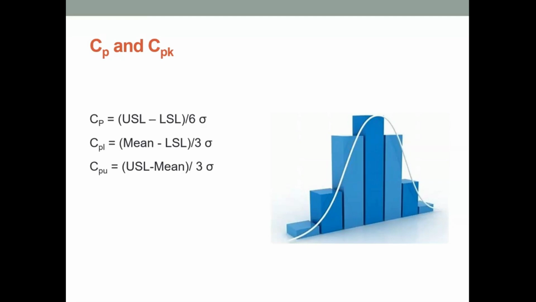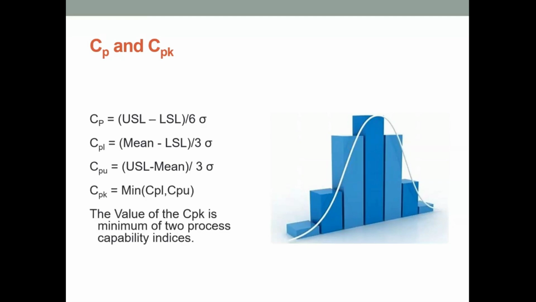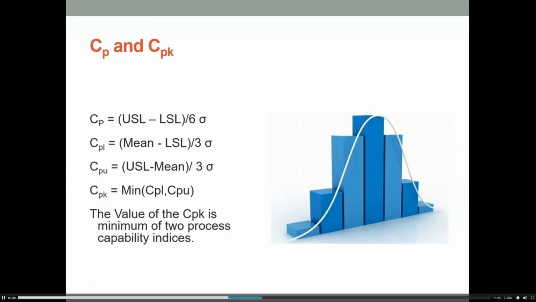And CPU, your upper limit, is your upper specification limit minus your mean divided by 3 times your standard deviation. CPK is the minimum value that you get when you calculate your process upper limit and your process lower limit, process capability limits. It is the minimum of the two that you have calculated out. So the difference between your CPK and your CP is that your CPK takes into account your mean.